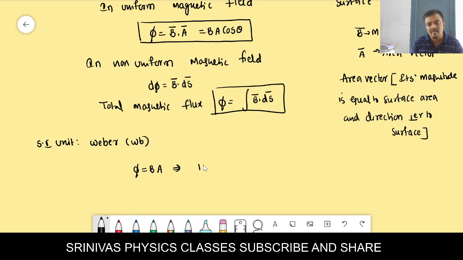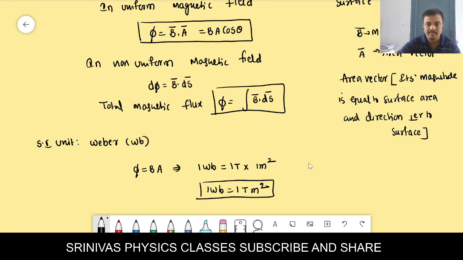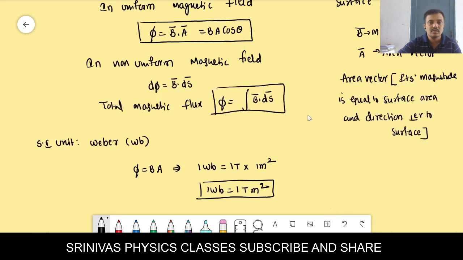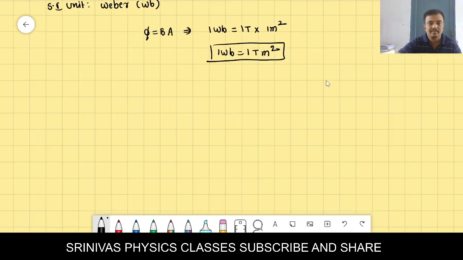Flux is in Weber. 1 Weber is equal to the magnetic induction unit, Tesla, times the area unit, meter square. So 1 Weber is equal to 1 Tesla meter square. This is about magnetic flux.